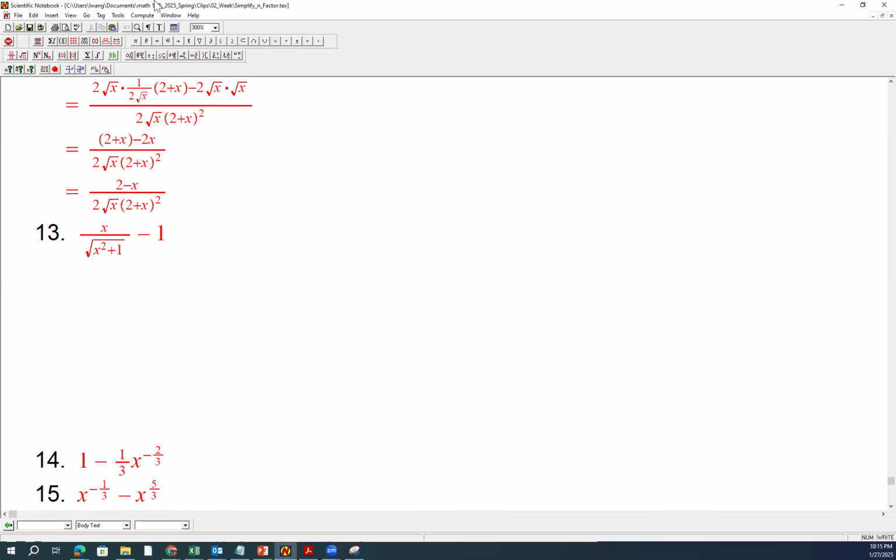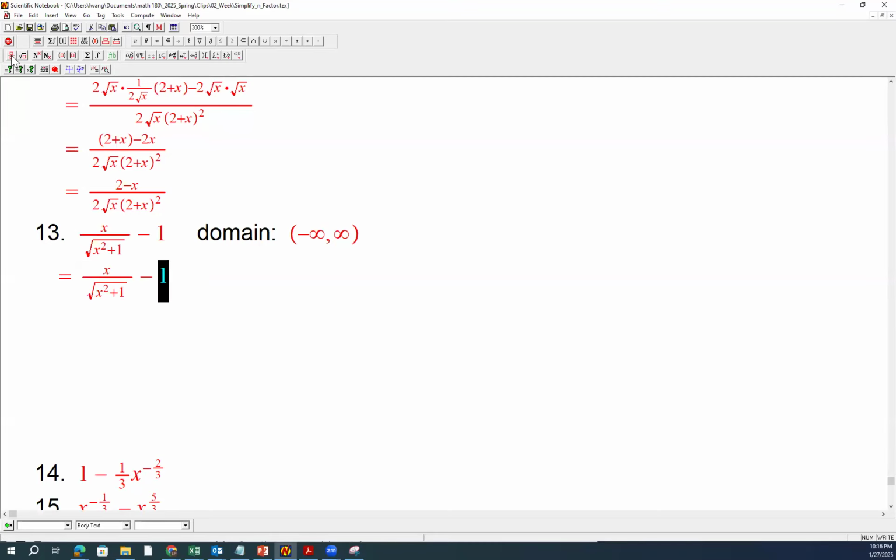Now, domain. Domain for this one is all real numbers, so negative infinity to positive infinity. So we're going to find the common denominator. And one is going to be written as root of x squared plus 1.